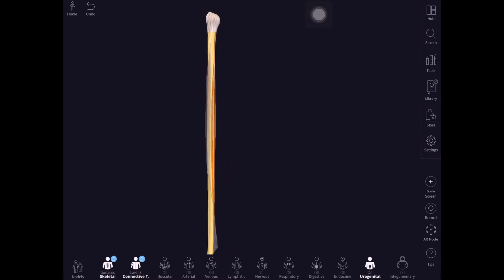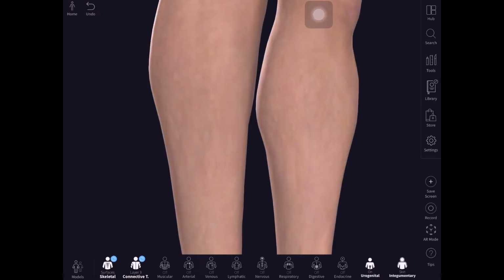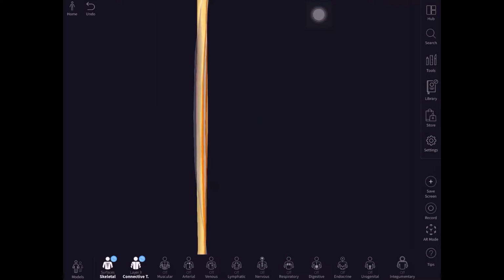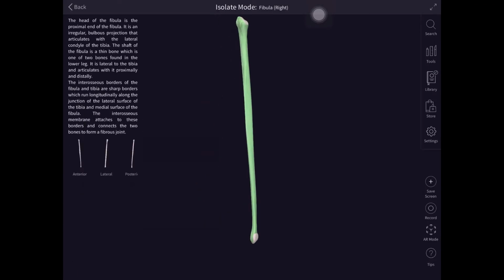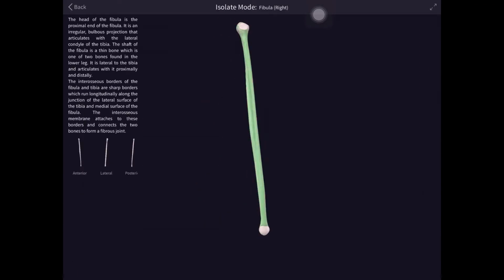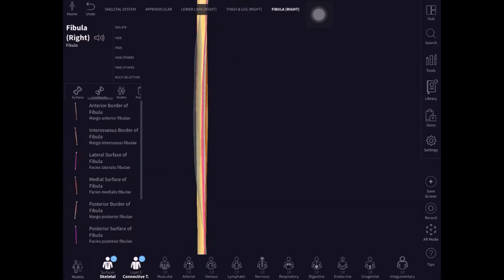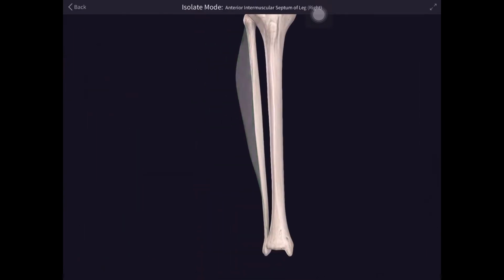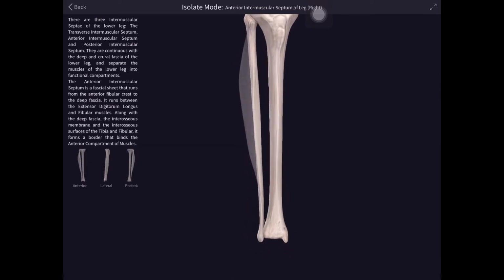The entire line, if you want me to touch the line to show, you can see it is attached. You can see that the intermuscular septum is attached to the anterior margin.